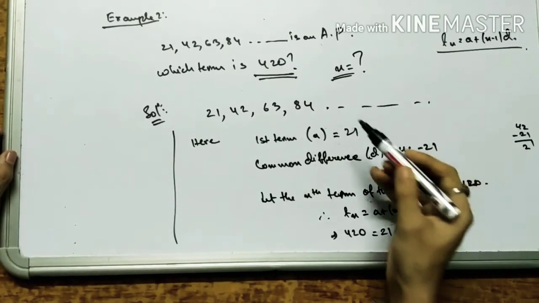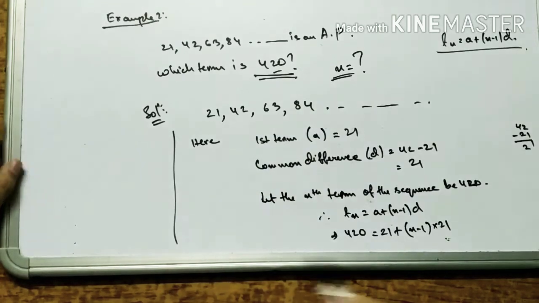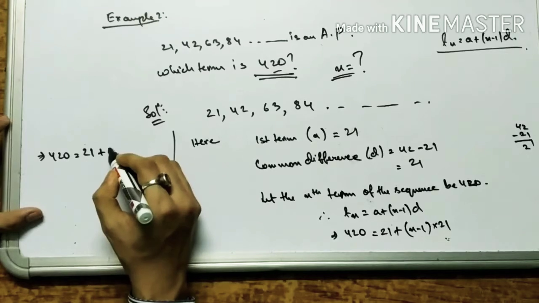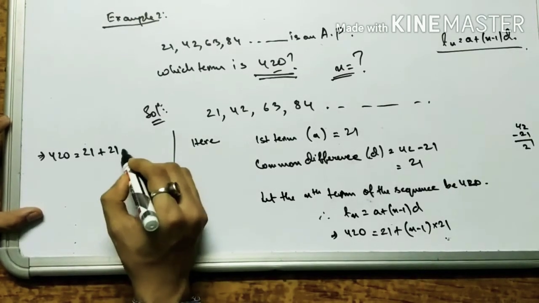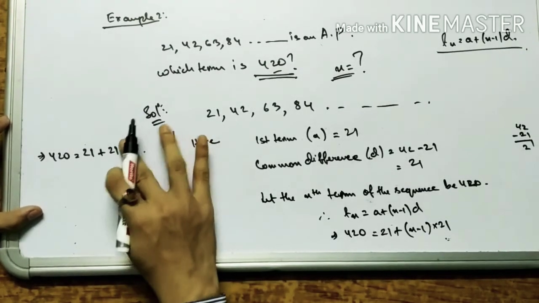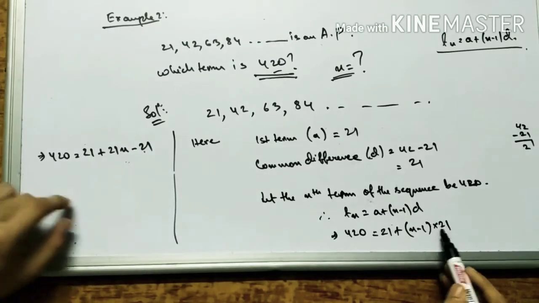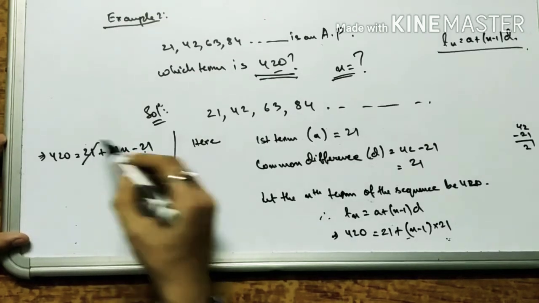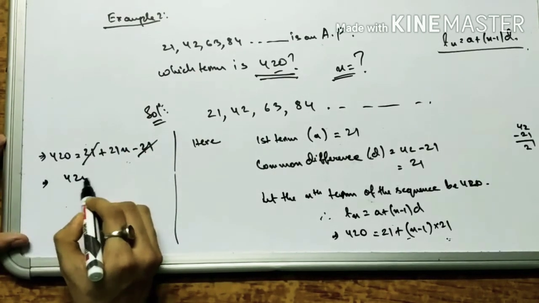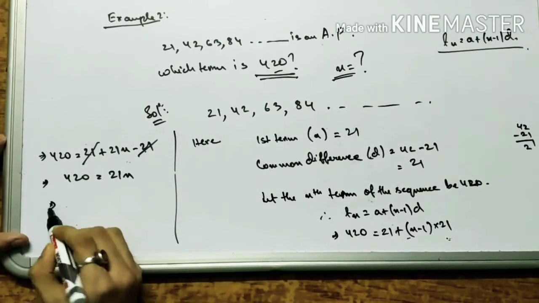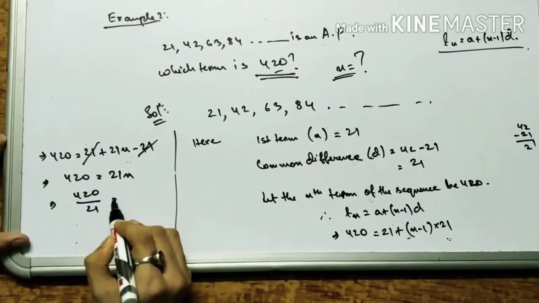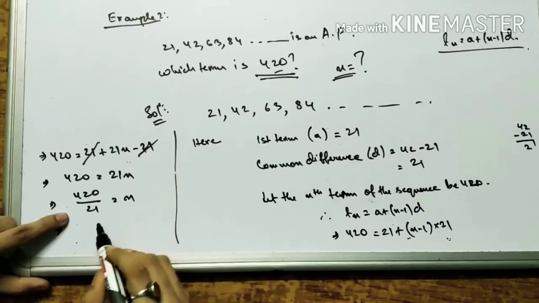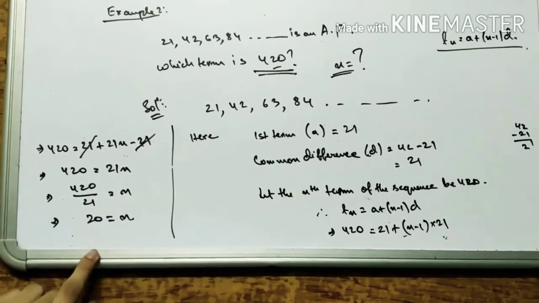Then I will get which term is 420. So 420 is equals to 21 plus, if I multiply 21 with n minus 1, I will get 21 n minus 21. So this 21 and this minus 21 cancel out. So 420 is equals to 21 n. So 420 by 21 is equals to n. So I will get 20 is equals to n.